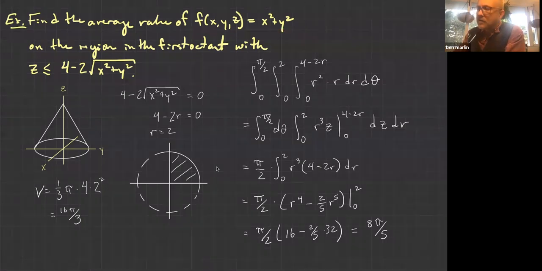But the region is going to be in the first octant. So x, y, and z, we all need to be positive. And with our z being less than or equal to 4 minus, change it to polar, 4 minus 2r, right? That's z equals 4 minus 2r.